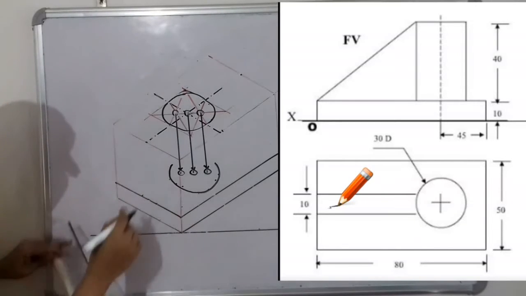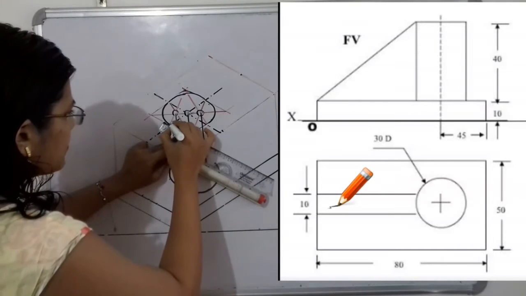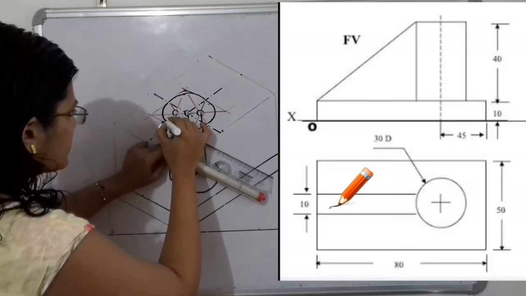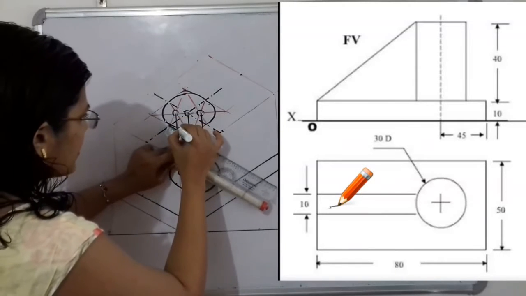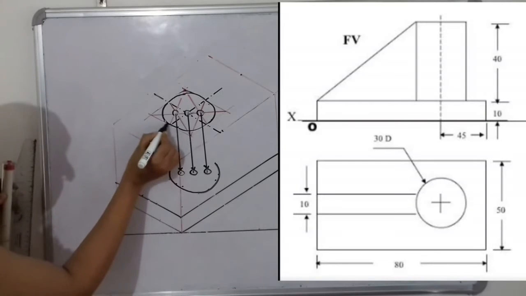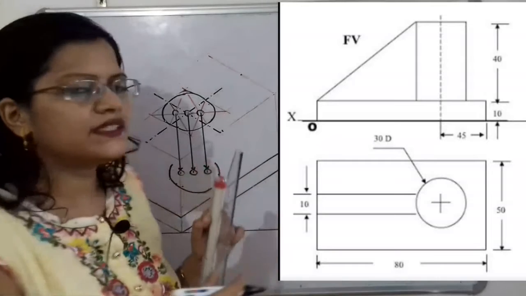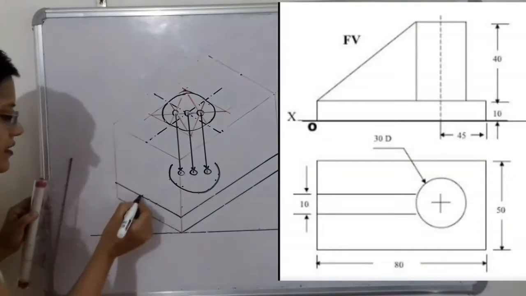So now this is the rib, and in the same way we have to take here, that is 15 millimeter on this one side and 15 millimeter on this other side. So these are the points. So this here is the starting point for the slope because it can be seen in the front view clearly, and here is the end point.